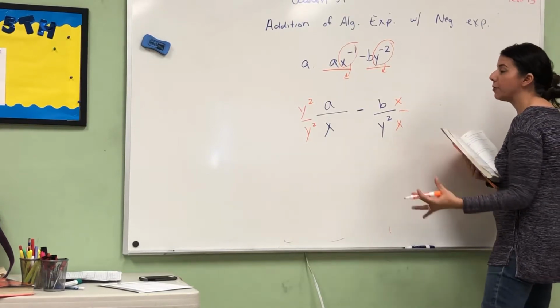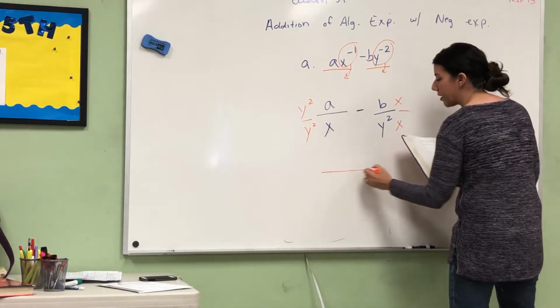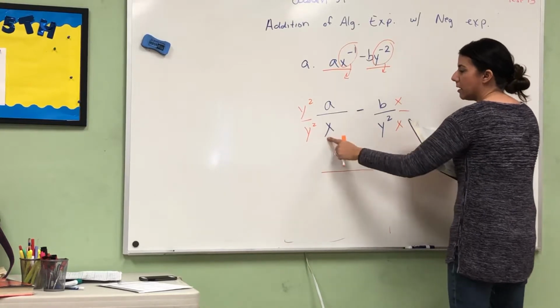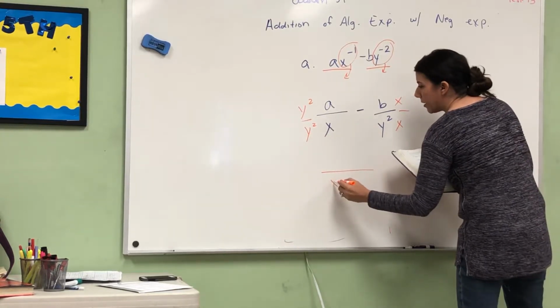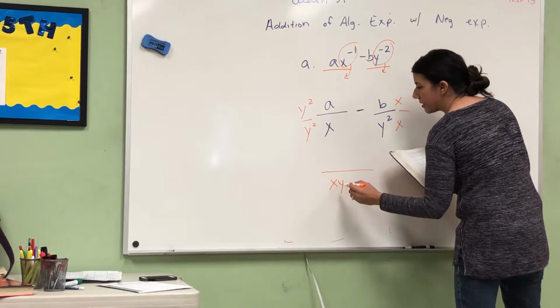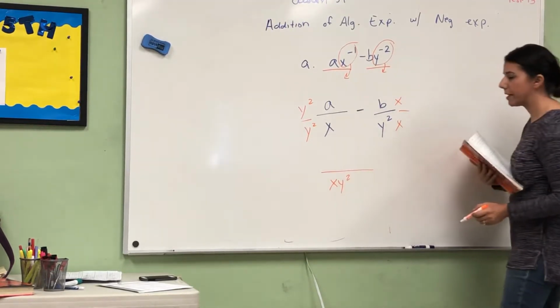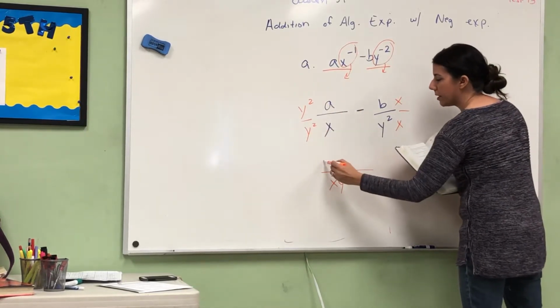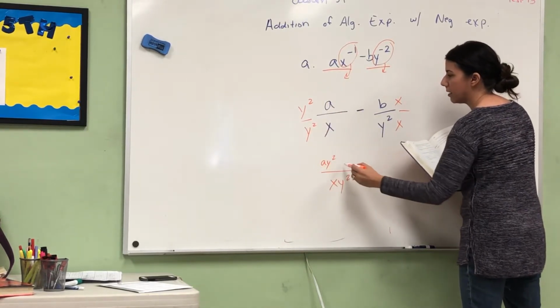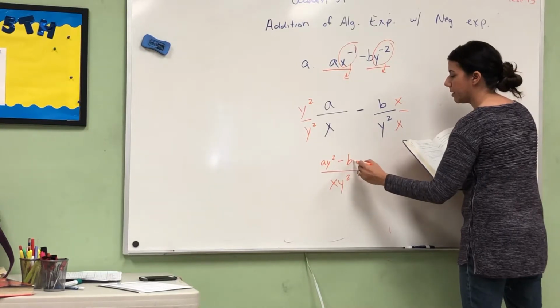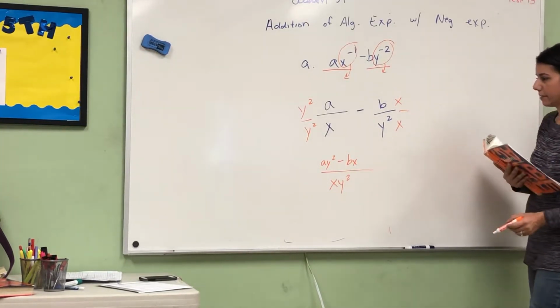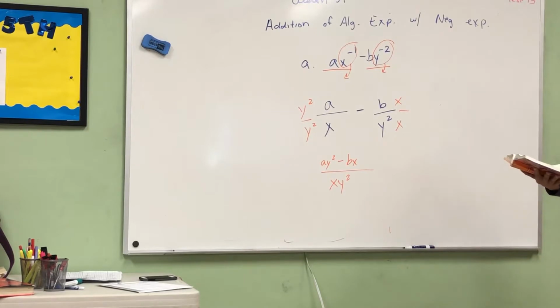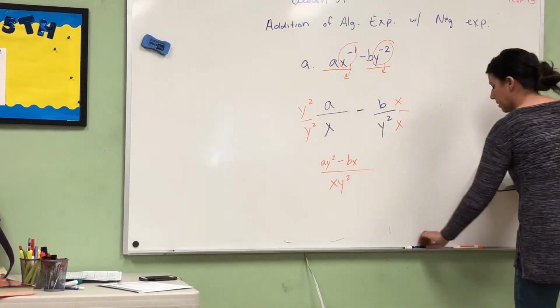So now I have a new expression, and my new like denominator I'm going to do in alphabetical order because it just makes me feel better: x y squared. And this becomes a y squared minus a x, over x y squared. Ta-da! Isn't that nice? Minus b.